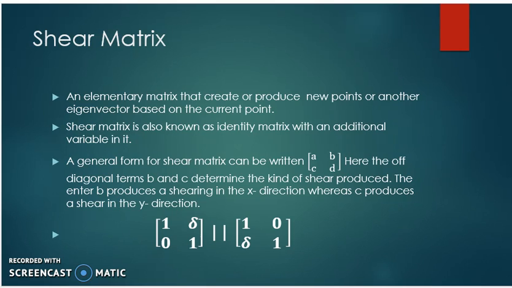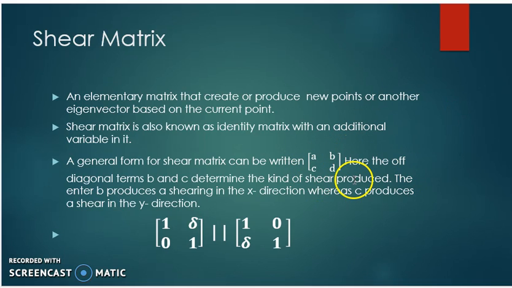Later on we will see an example. A shear matrix is also known as an identity matrix with an additional variable in it. The form of a shear matrix looks like an identity matrix, except we have an additional variable in it.